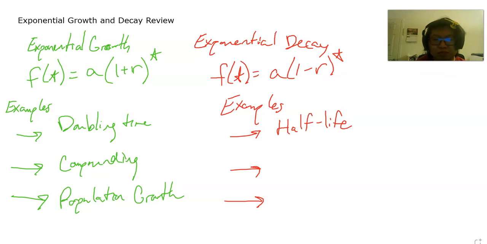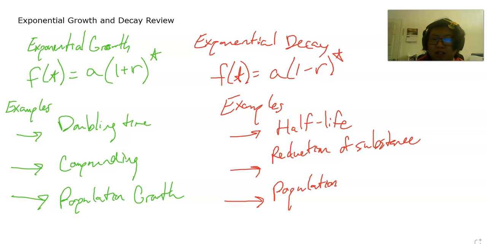Half-life. But some other examples are talking about reduction of substance. For example, if you take some medicine and that gets in your system, typically it takes a little bit of time to get it all out of your system, and you can model that kind of reduction in an exponential decay model. And again, even though I said population growth is often measured by growth, you can also have a population decay.